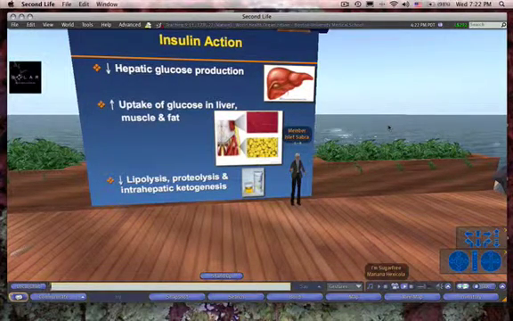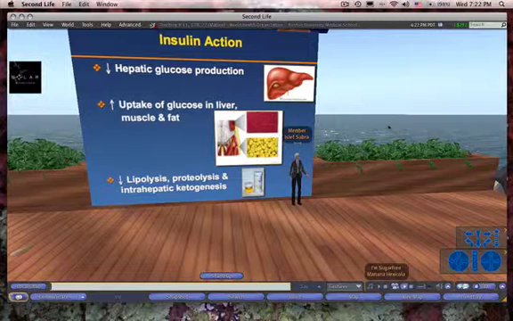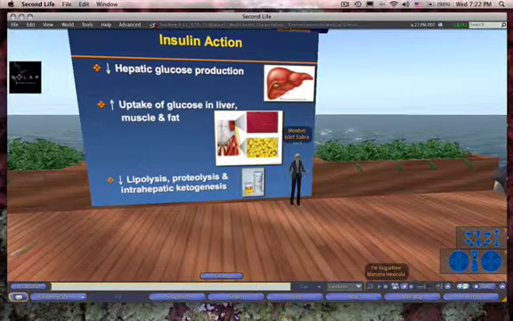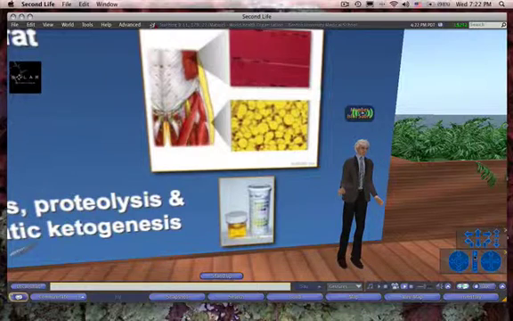So on the next slide, we'll just review the actions of insulin. Both naturally produced insulin and exogenously injected insulin find their way into the liver, where they increase hepatic uptake of glucose, stored as glycogen, and they counter the effect of glucagon to reduce hepatic glucose output.